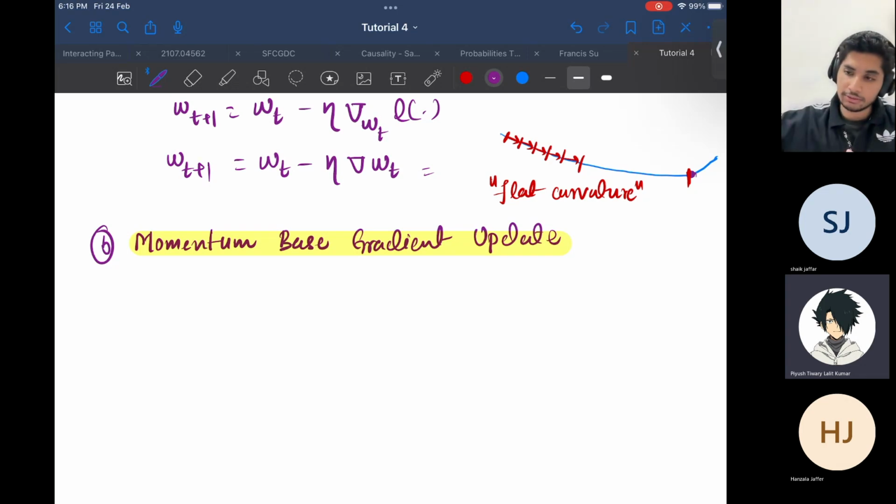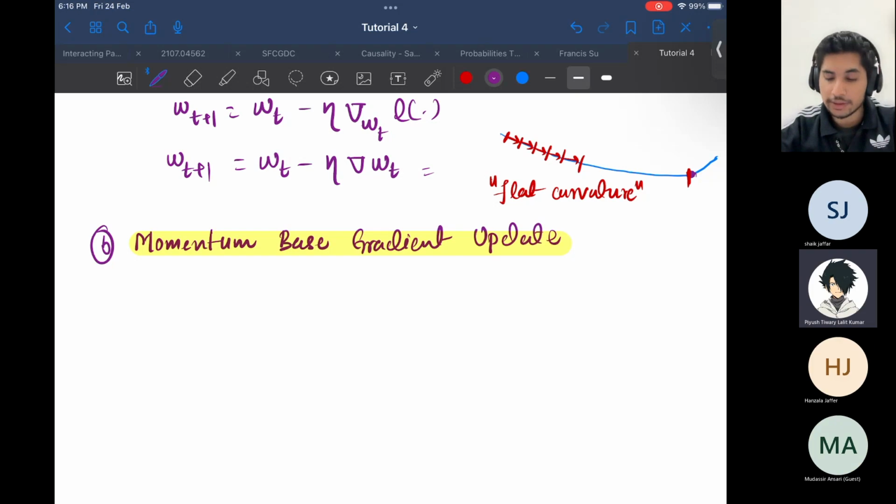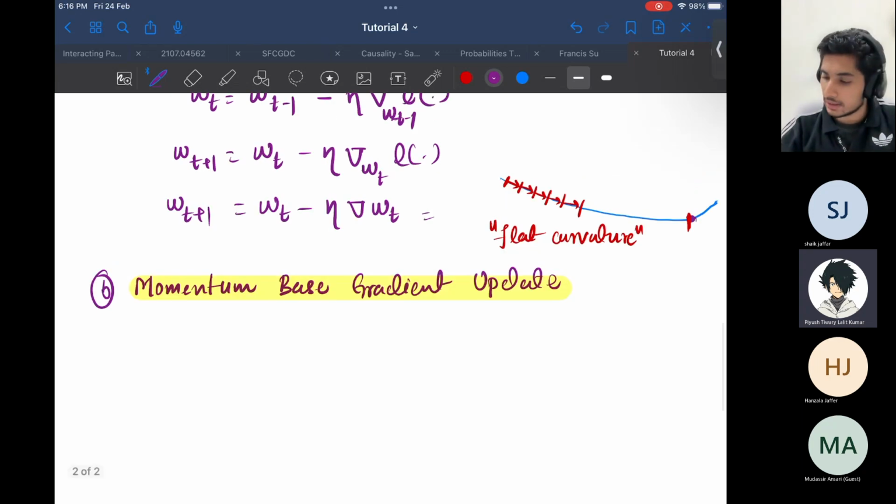So if you are moving in a particular direction for a lot of time, you should gain some momentum in that direction. In this particular example, if you are moving here again and again, maybe you should gain some momentum and cover bigger steps now. I hope the intuition is clear.